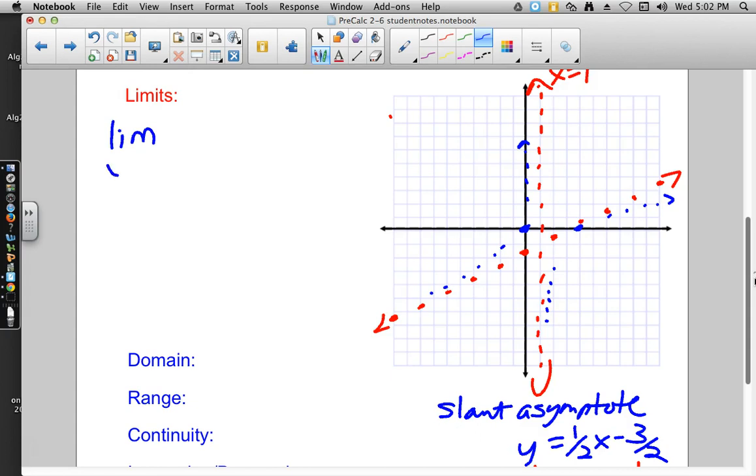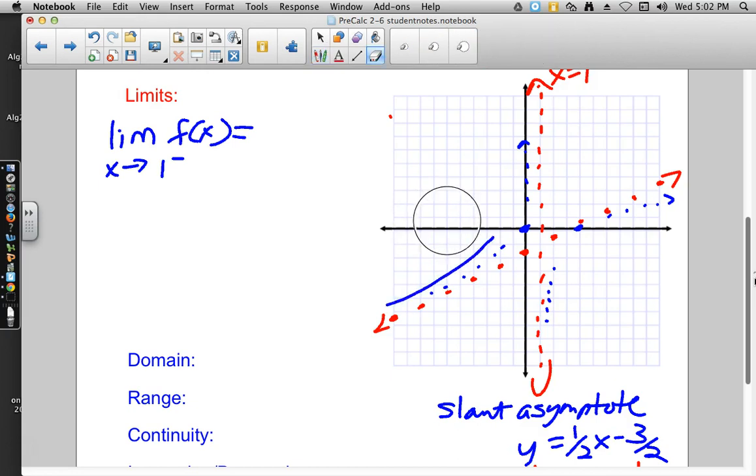So the limit as x approaches 1 from the negative side, the left side, of f of x is, well, as we approach, we are going up. And I want to wait to make that solid until we're certain about everything. So that's going to be infinity.